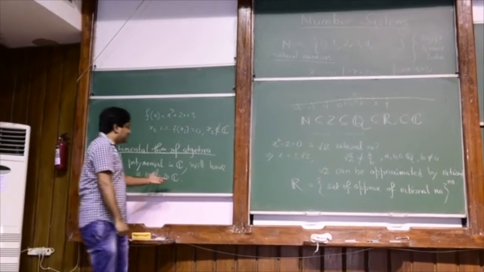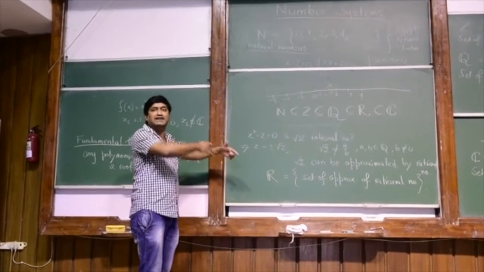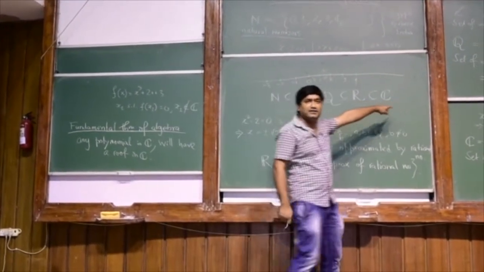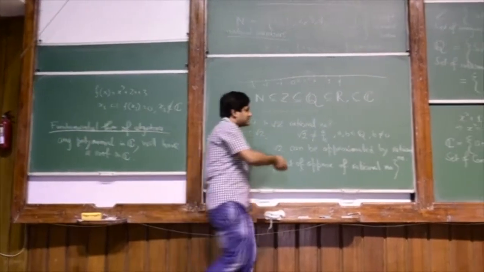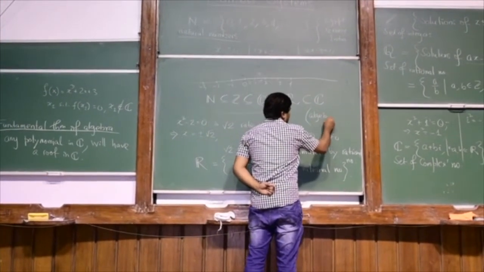So what does that mean? That means this process has to be stopped. I can't find any more equation whose solution would extend the field. And that's why, much later, this field is called an algebraically closed field.